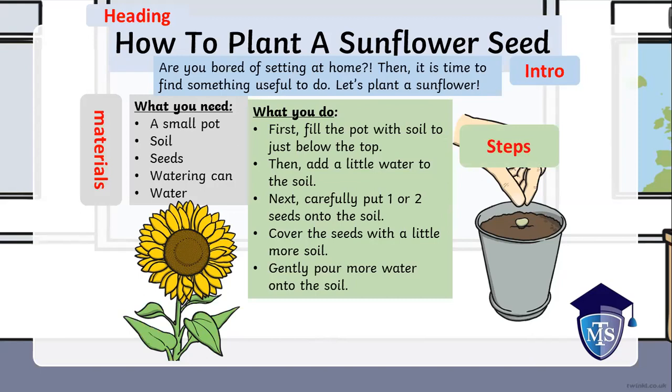Put 1 or 2, this is the maximum number that we use in each pot. We have to make sure that each bullet or each number gives only one step in the instruction, step by step, so the reader cannot ever be confused.